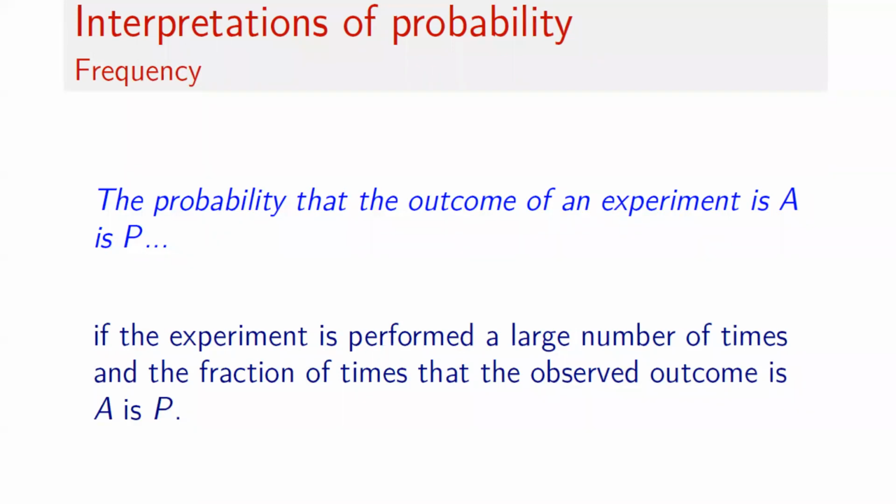In the frequency interpretation, the probability that the result is capital A is P means that if I perform the experiment many times, the fraction of times the result is capital A is close to capital P. And the more I do it, the closer the fraction is to capital P. This interpretation makes sense when considering an event that could occur many times or is highly repeatable, okay? So let's see the next slide.